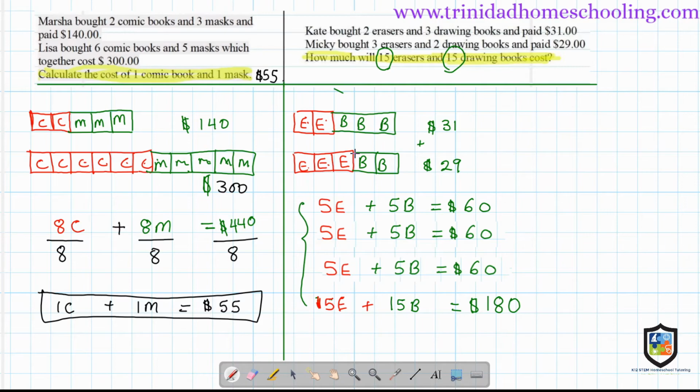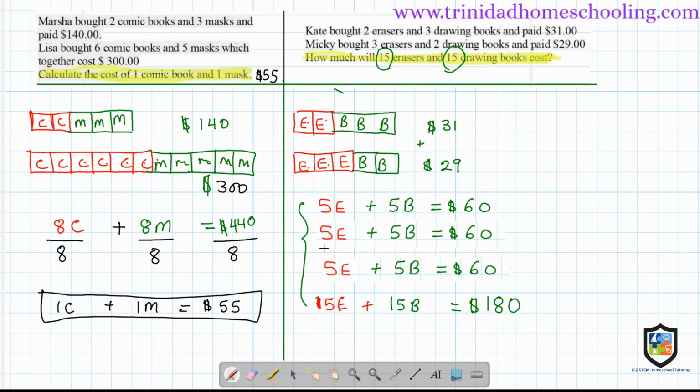It will help you visualize the problem and help you to decide what you need to do to solve this problem. Alright, so here we created one whole set. To get to 15, you should know from your multiplication tables that 5 could go into 15 3 times.